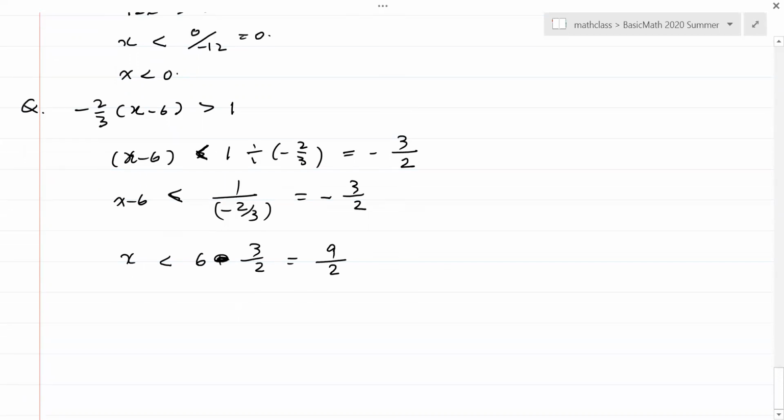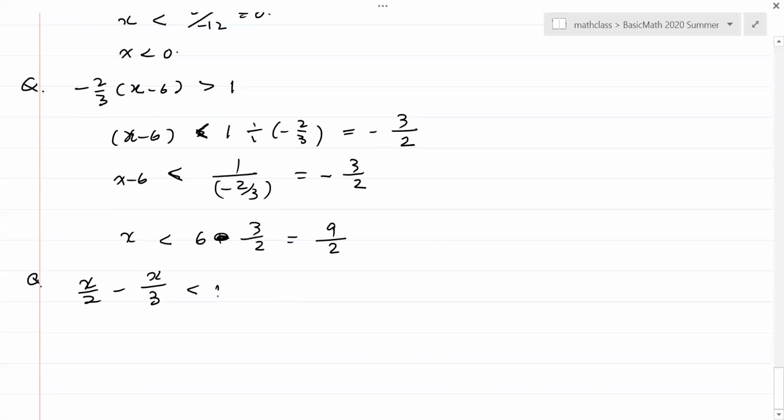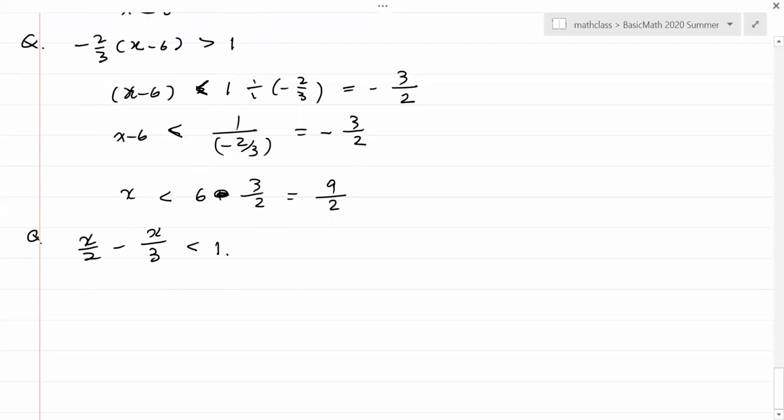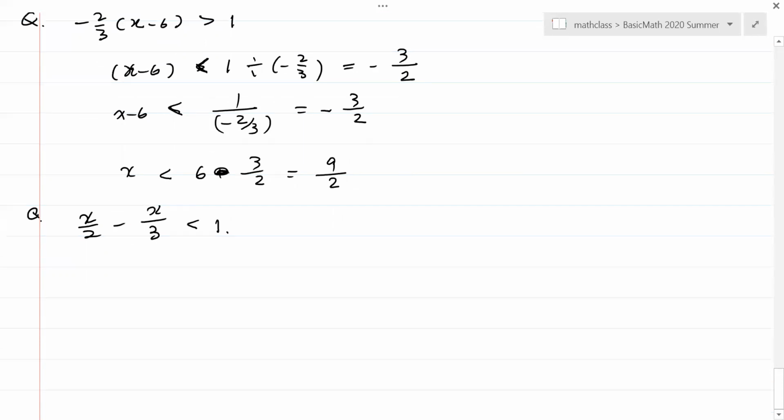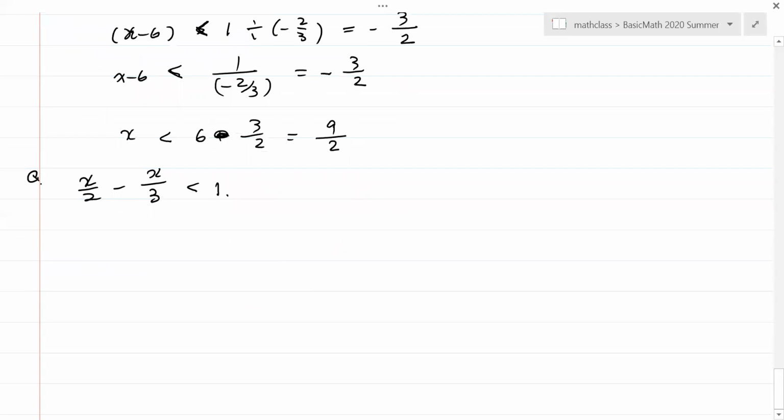Okay, so I'm going to ask you to do the next problem: 2 over 3, x over 2, x over 3 less than 1. Yeah, please work this out.